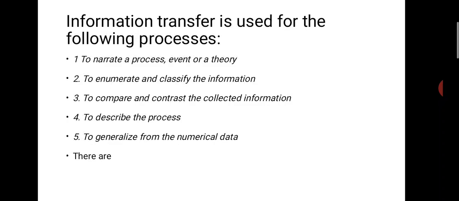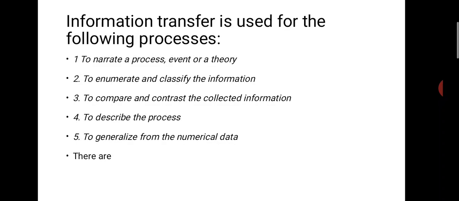How you are going to write the generalization sentences, enumerate and classify the information, narrate or describe the process, or write the information in a comparative way or with the help of sentences of contrast as well.